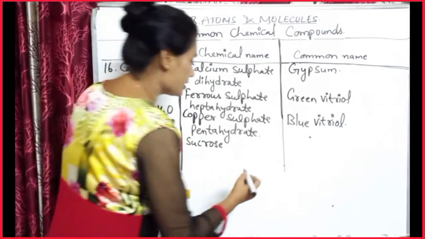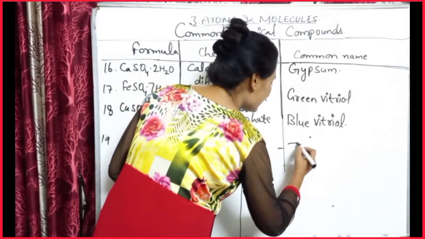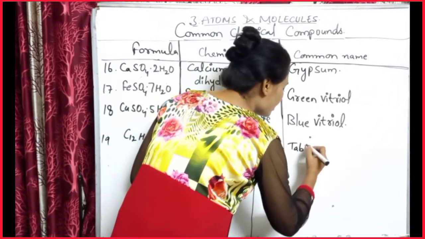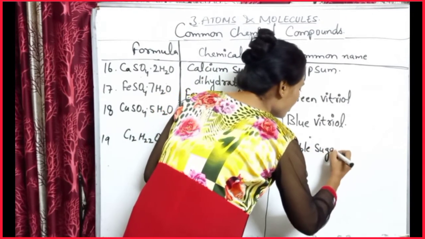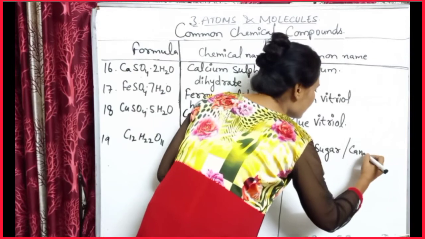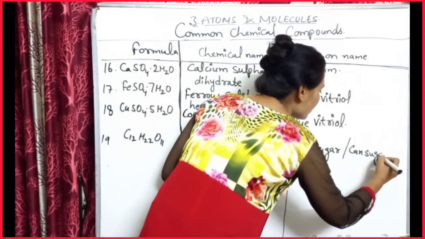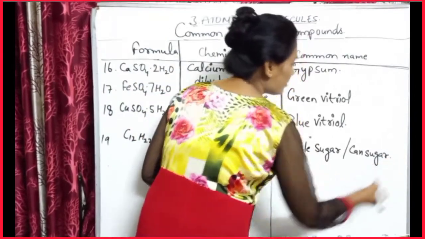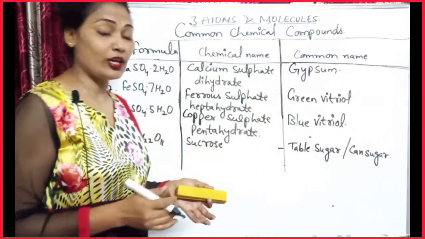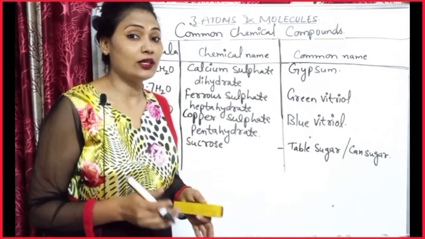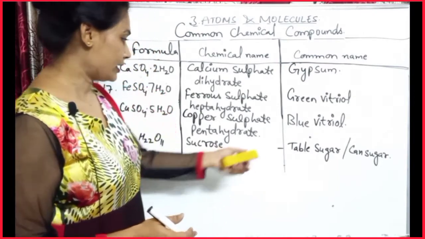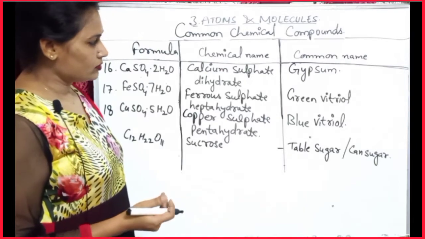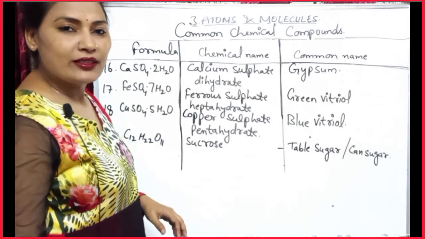So sucrose is known as cane sugar or table sugar, because it is obtained from sugar cane or beet. So cane sugar or table sugar, that we use in our kitchen for making tea. Okay, so that is table sugar. Now all of these are completed, I think.